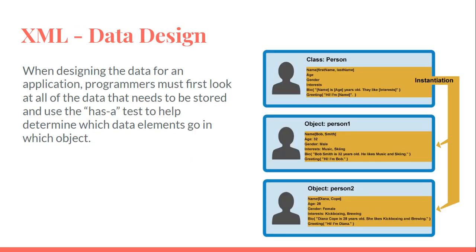Okay, so the next piece of this then is data design, because we don't always get the XML handed to us. Sometimes we have this kind of big project and we've got to talk about what objects do I need, what variables do they have, what elements do they have, those kinds of things. We use the has test. So I'm making this class called person. A person has a name, an age, a gender, interests, and a bio.